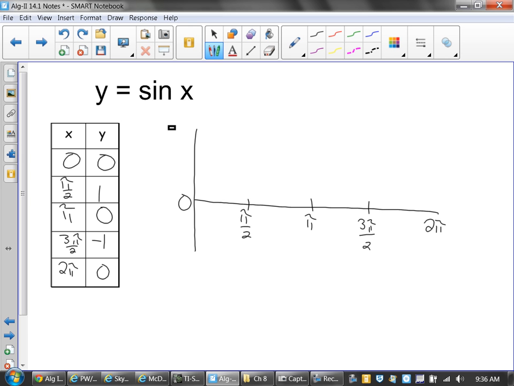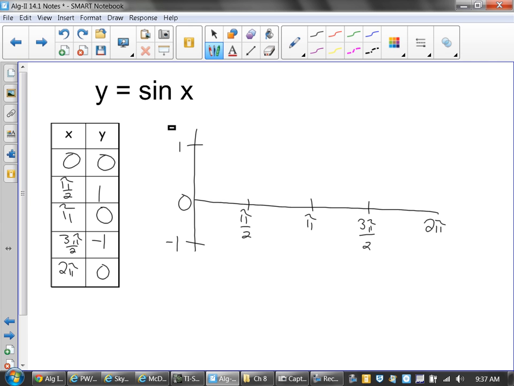You'll notice that your y values only fluctuate between negative 1 and 1, because your sine value was never greater than 1 and never smaller than negative 1. How high something goes up or down is called the amplitude. So the amplitude of this would be 1.